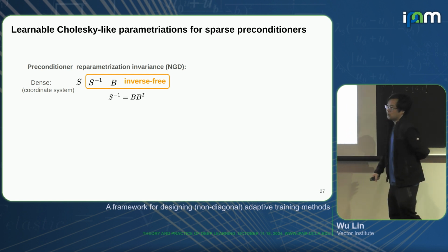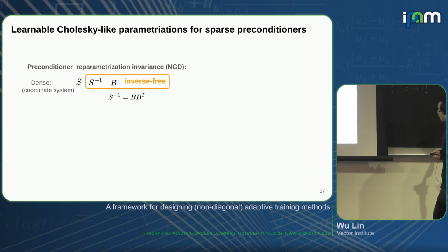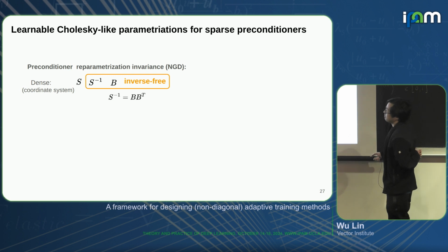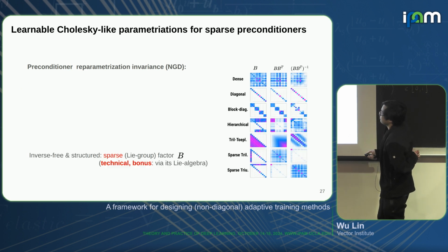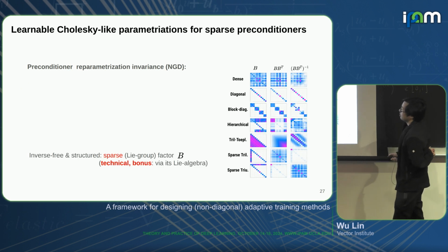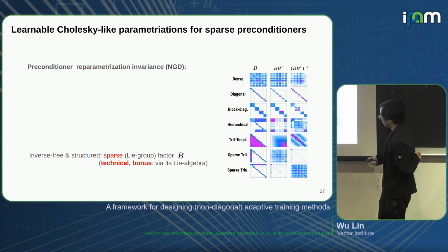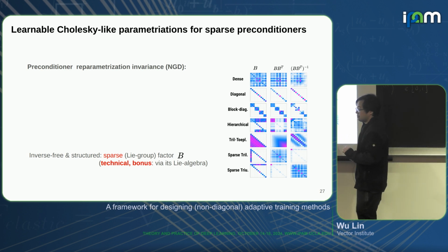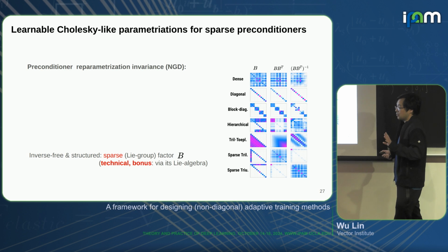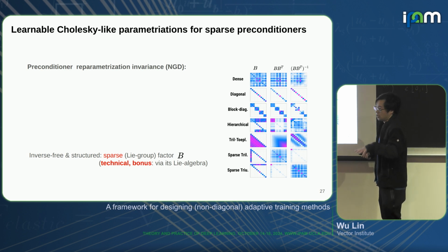We can also introduce structures by using a sparse B. This is because we consider B a Cholesky-like factor, which means it's a non-singular square matrix. In our case, we don't require B to be a lower triangular matrix.